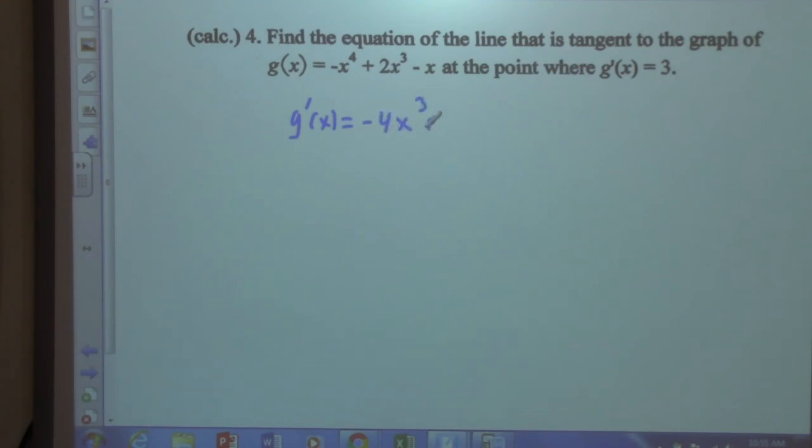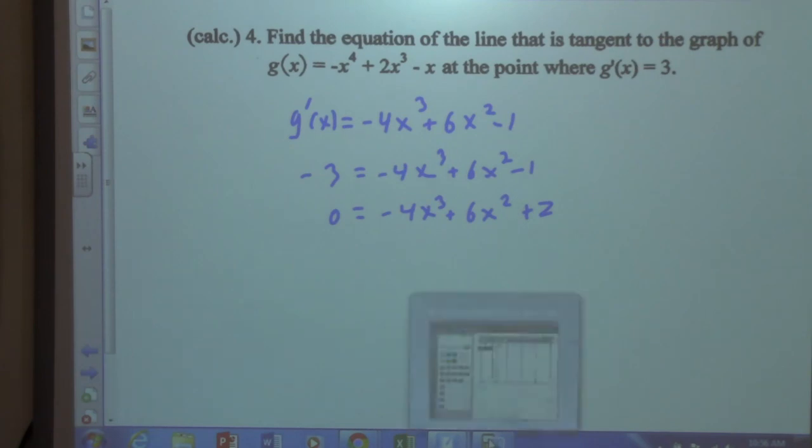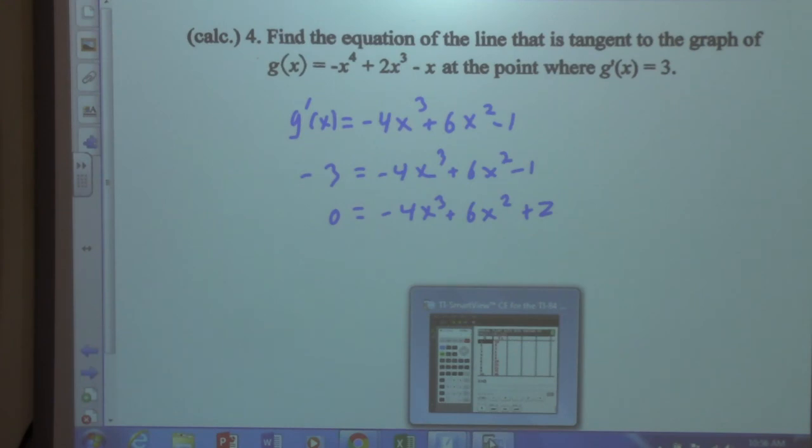That would be negative 2/3 is the x, so you have -3 if my calculations are correct, equals -4. And so we have 0 is equal to, if we add 3, -4x cubed plus 6x squared plus 2. Is that what you get if you add 3 plus 2? Yes. We have 4x cubed plus 6x squared plus 2.